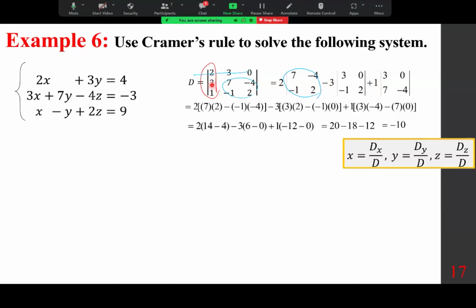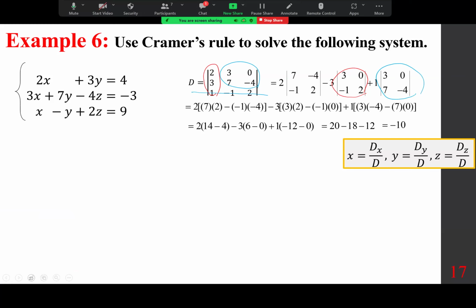So what happens, for example, for 3, let me erase and show you. For this one, we get rid of this. So we have 3, 0, minus 1, 2. Notice. Now, for this one, we get this one.